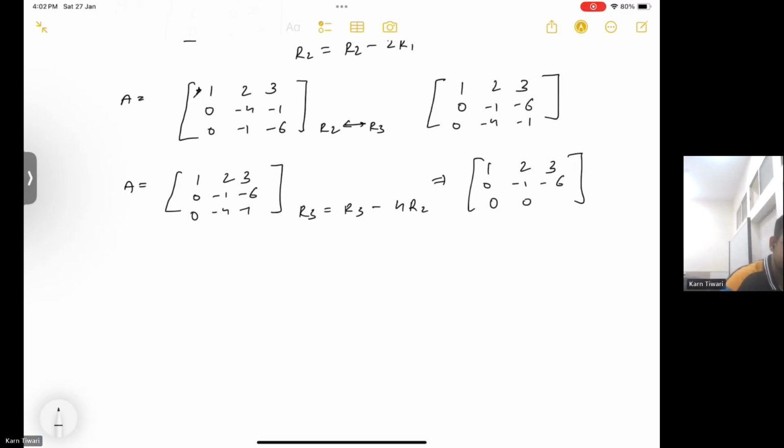And the third one, this element is simply 1 minus 6 into 4, minus 1 plus 6 times 4, which is 24, minus minus becomes plus 24, equal to 23. So these 3 are the pivots. So the answer will be 3. That's how you need to do the question.